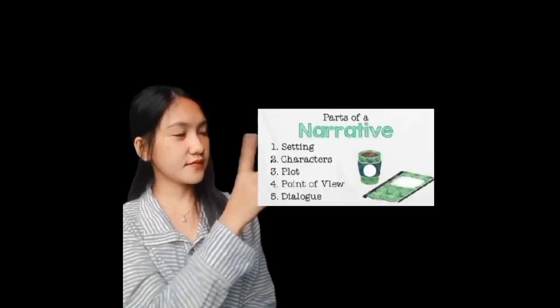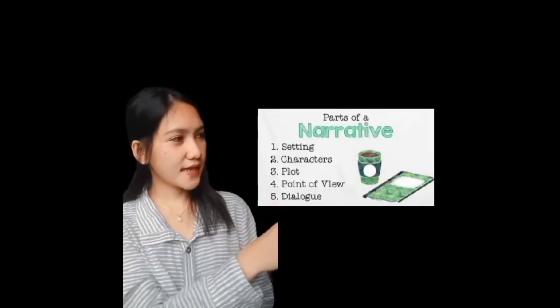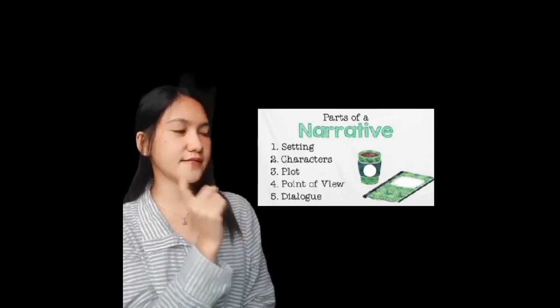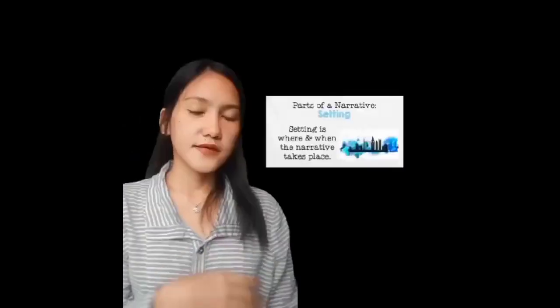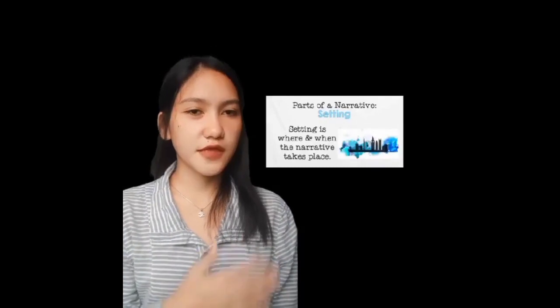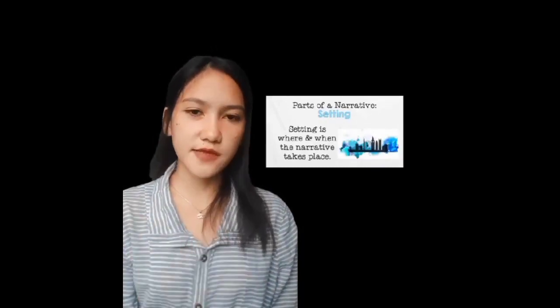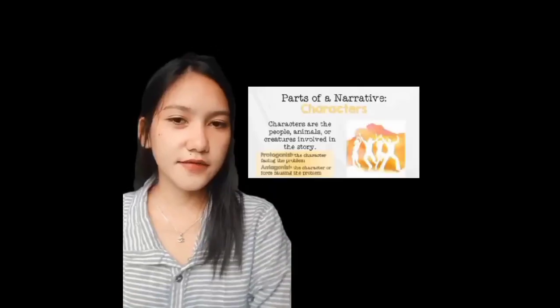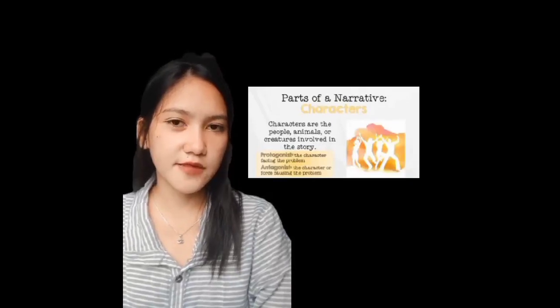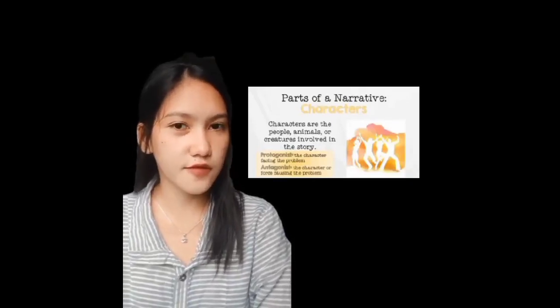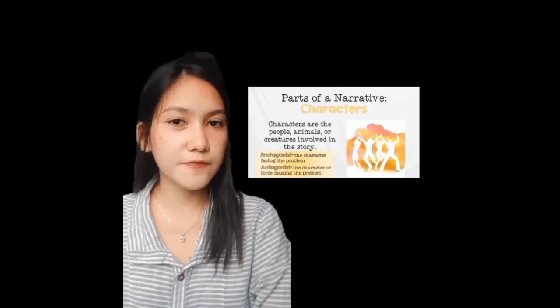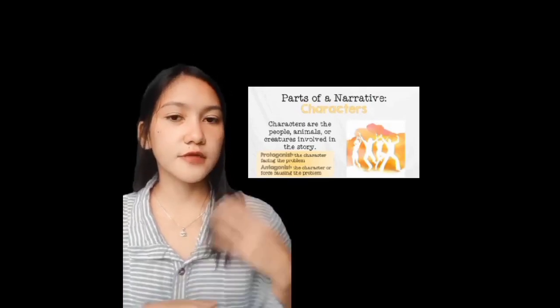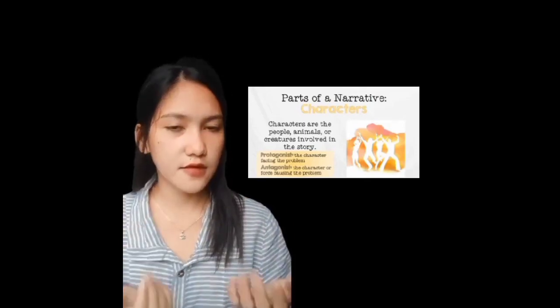There are 5 parts of narrative writing, and they are setting, character, plot, point of view, and dialogue. Setting talks about the location and time in which the story takes place. Characters are the people, animals, and creatures involved in the story. And there are 2 types of characters, which are the protagonist and antagonist.